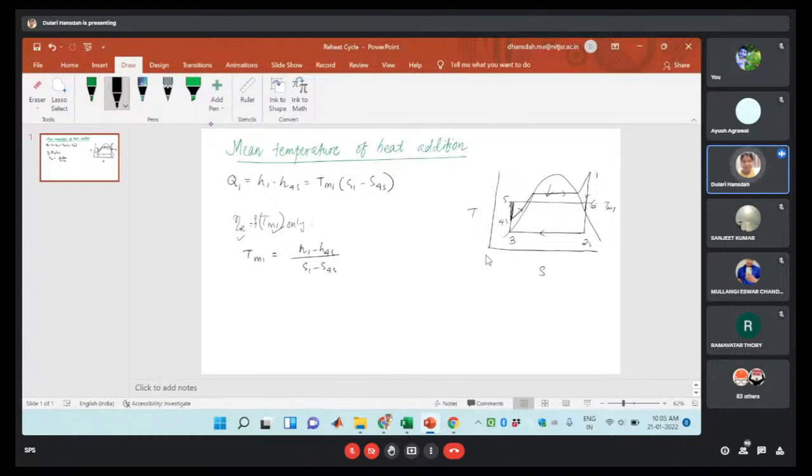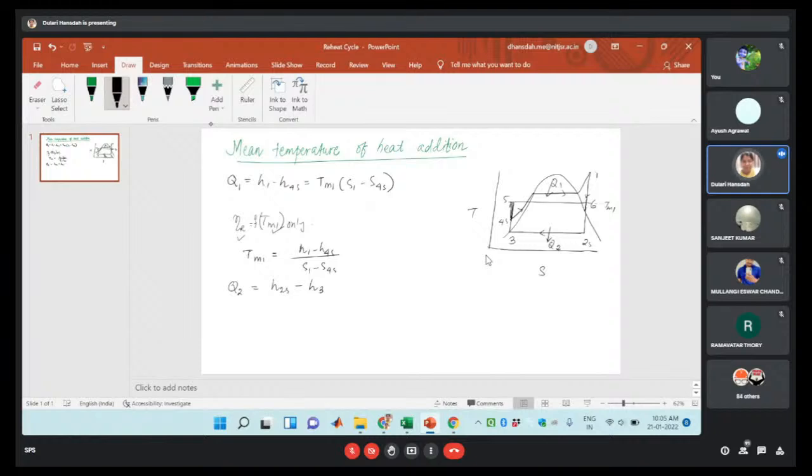Similarly, what is the heat rejection? Heat rejection is done at constant pressure, that is the process 2s to 3. I can write that equation as H2s minus H3.